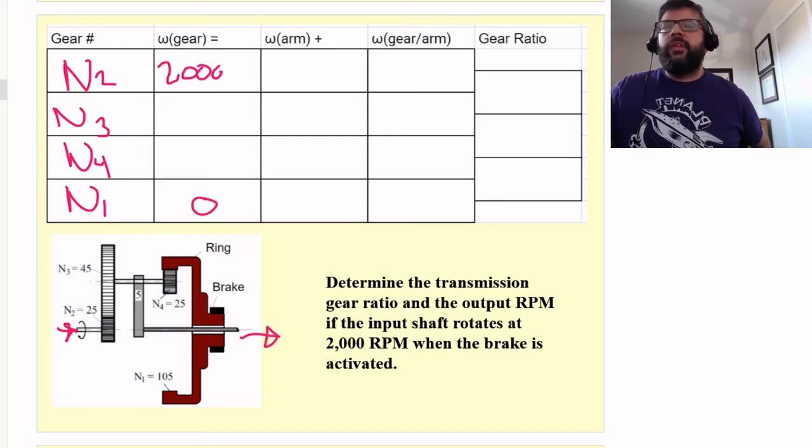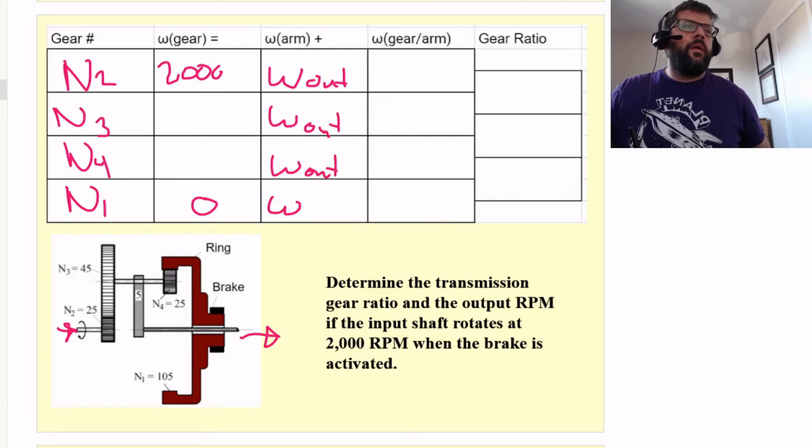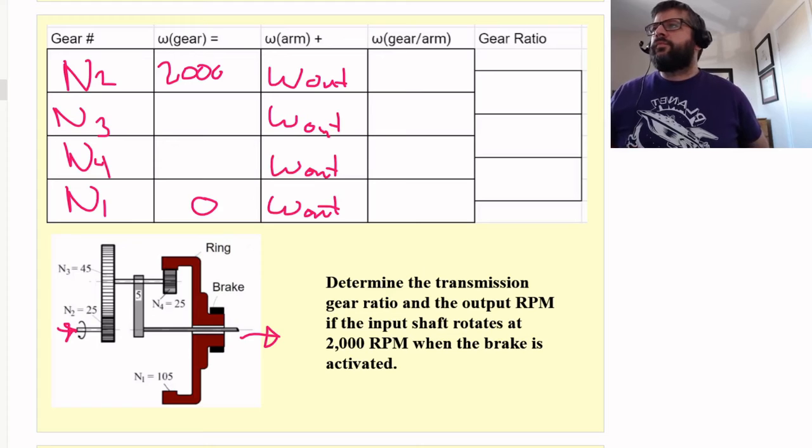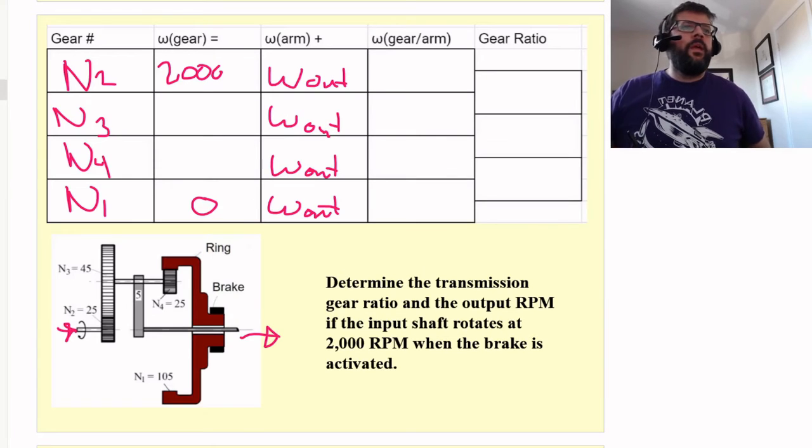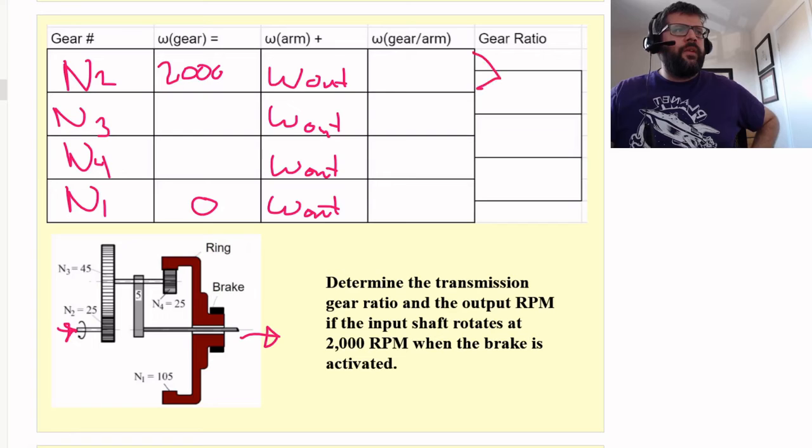So the rotational speed of the arm is our output. Just fill that in here. And then we got our gear ratios.